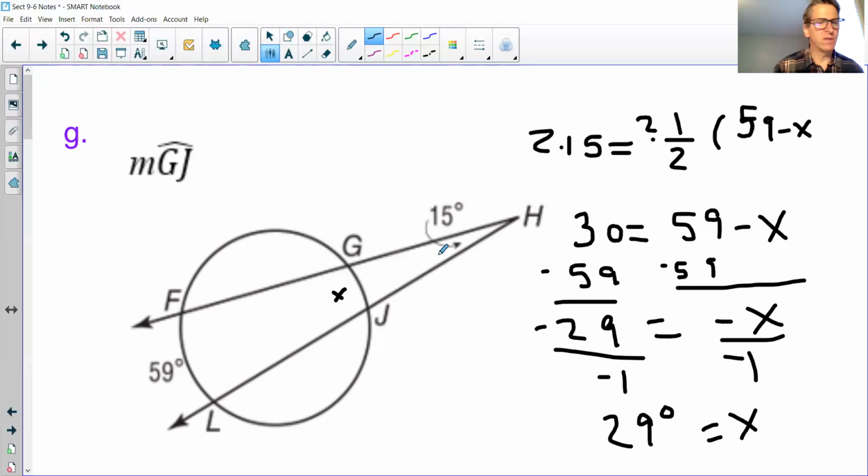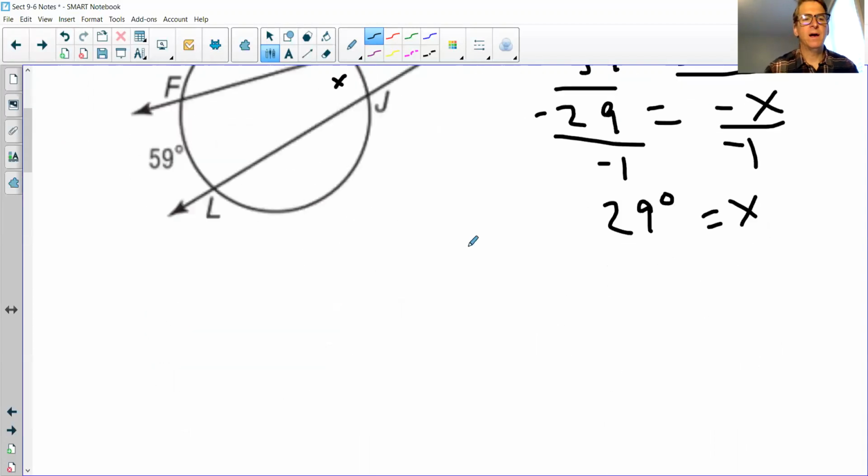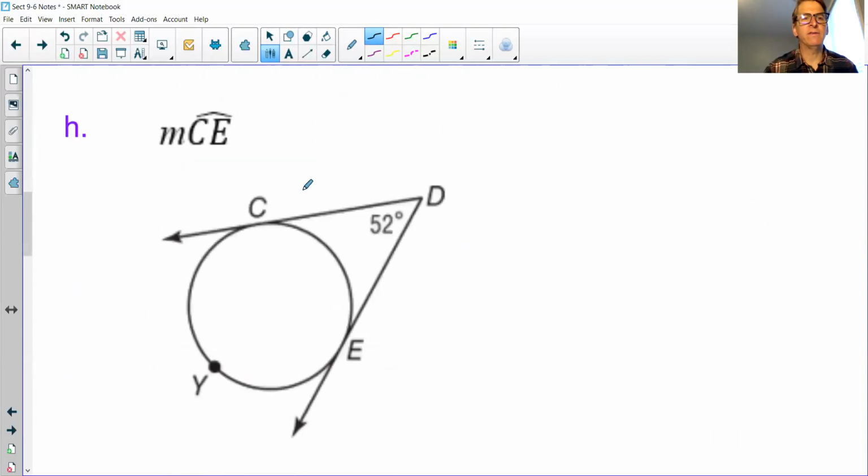Last one on this section, then we have one more example, is this guy here, CE. We're looking for CE. So we're going to first call this X, that's what we're trying to find, this little X. And if this is X in this type of problem, we're going to call this outside arc 360 minus X. So you might have one like this coming up on a test or a quiz, so keep it in mind.